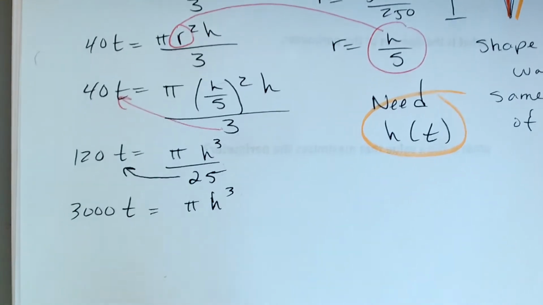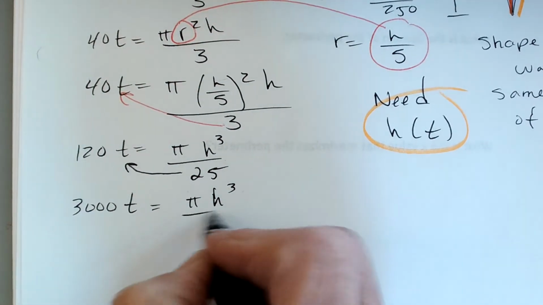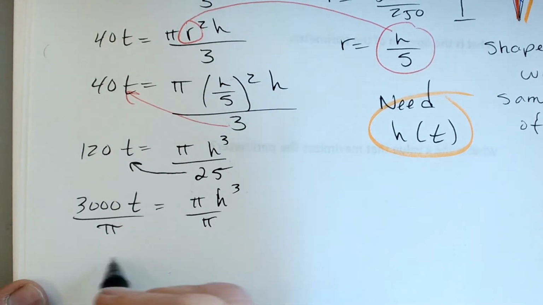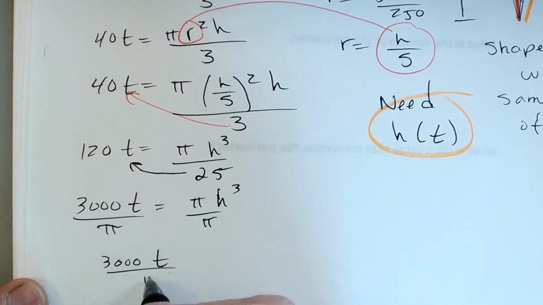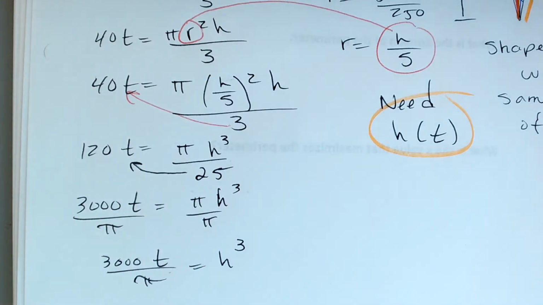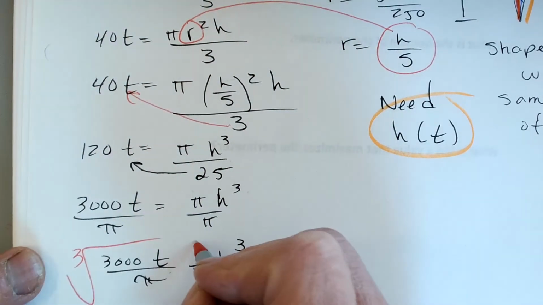I'm still solving for h, so let's divide by pi. I've got 3,000t over pi equals h cubed. And then finally, let's just cube root both sides.